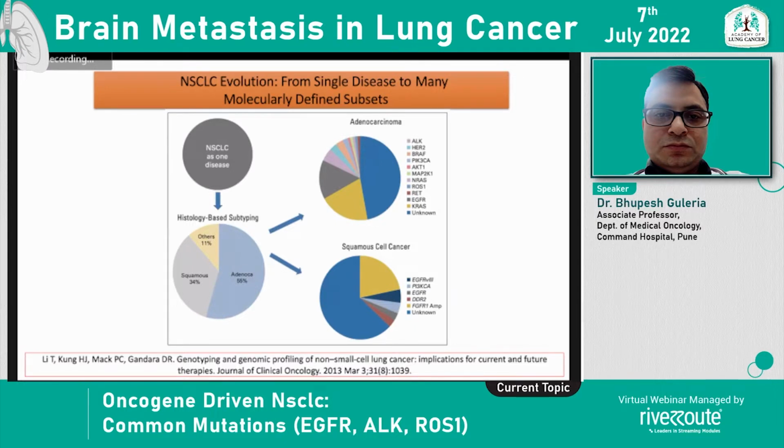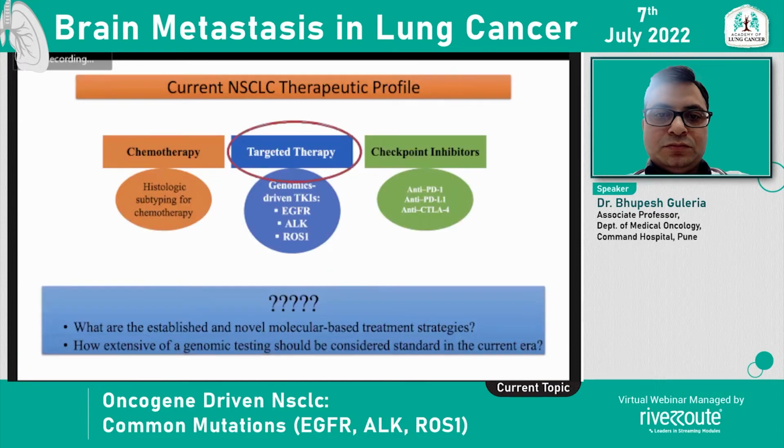Non-small cell lung cancer has evolved from a single disease to many molecularly defined subtypes, and these subtypes have given us diagnostic, therapeutic, and prognostic challenges. We all know that the current therapeutic profile of lung cancer has three broad options: conventional chemotherapy, targeted therapy, and checkpoint inhibitors.